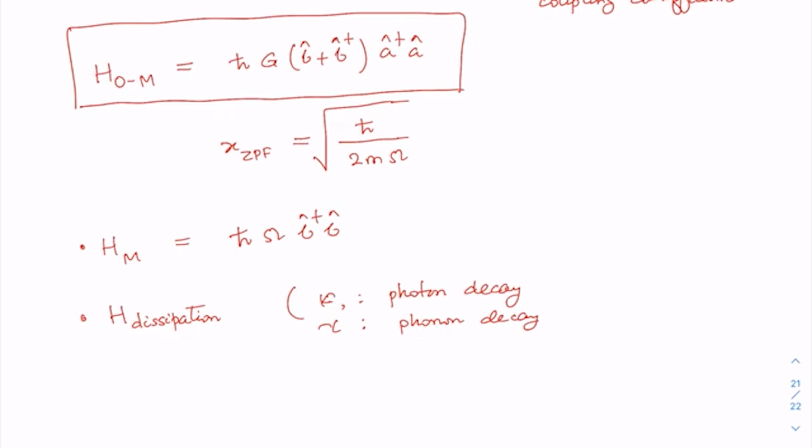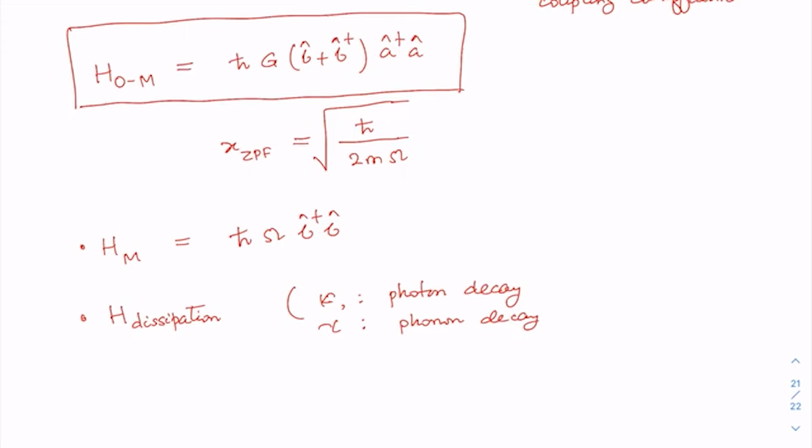Phonons actually decay because the cantilever, or the mechanical oscillator, is generally attached to some kind of a substrate, so the vibration of the beam may be transferred to the substrate. In a way, phonons leak out of the localized vibrational mode and are radiated away to the substrate.